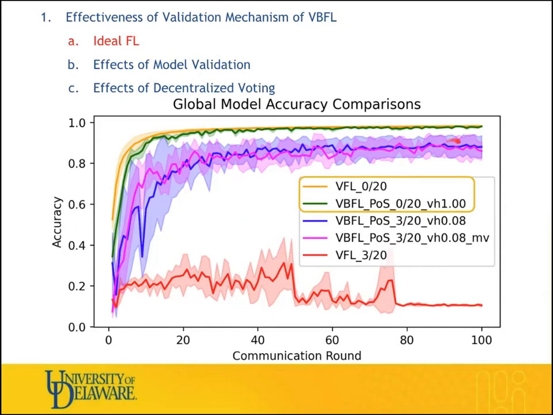The solid line in the middle of the shaded area represents the mean value of the accuracy, and the upper bound and the lower bound of the shaded area represent the mean plus and minus the standard deviation. The orange line with the shaded area is for vanilla federated learning with all 20 legitimate devices. And the green line with the shaded area is for VBFL PoS with all 20 legitimate devices.